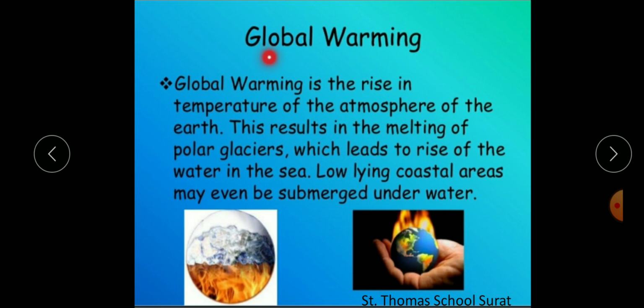As I told you, what is global warming? Global warming is the rise in the temperature of the atmosphere of the earth. This results in the melting of polar glaciers, which leads to a rise of the water in the sea. Low-lying coastal areas may even be submerged under water.